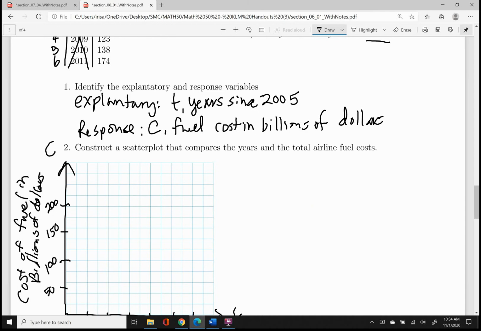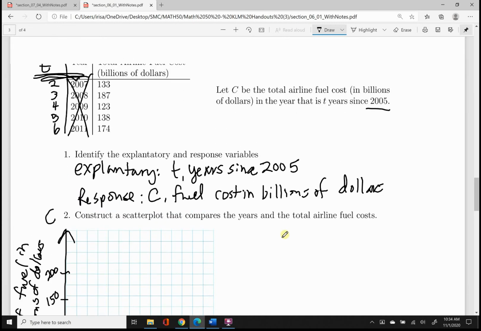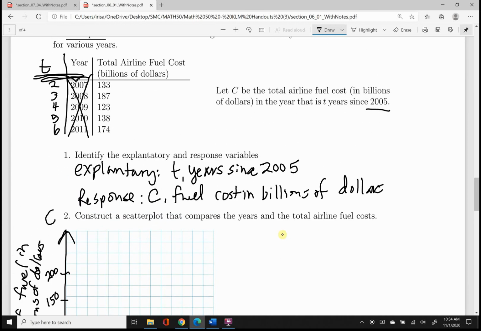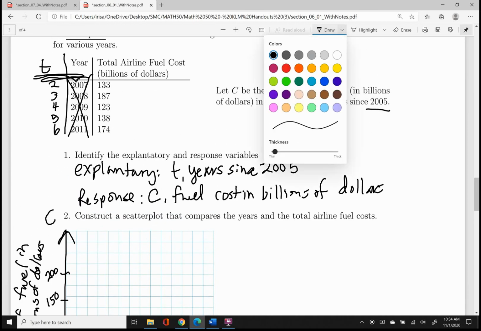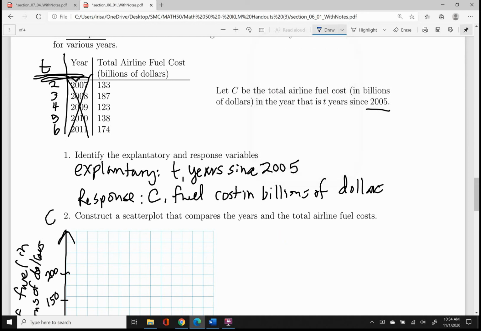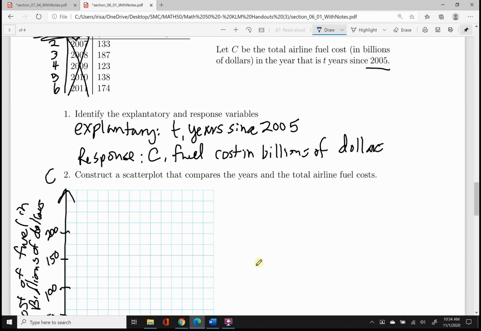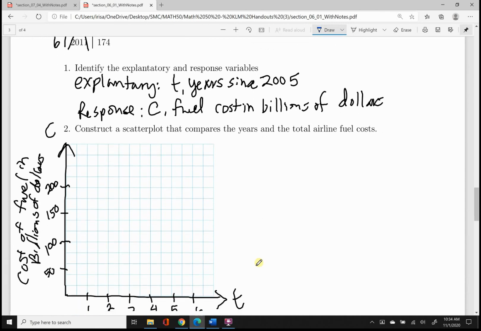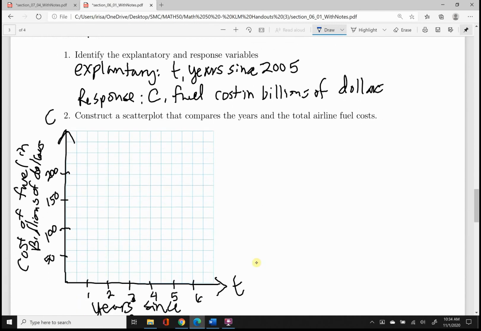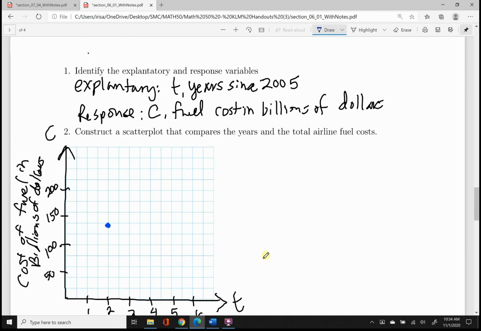Okay, great. Now I think we're ready to draw the scatter plot, and I'm going to change the color to get my dots going in there. Let's do this electric blue. That's cute. So at 2, we are at 133 billion. Where should that be? Well, here's 150, so 133 will be about right there. We're just doing our best to estimate this.